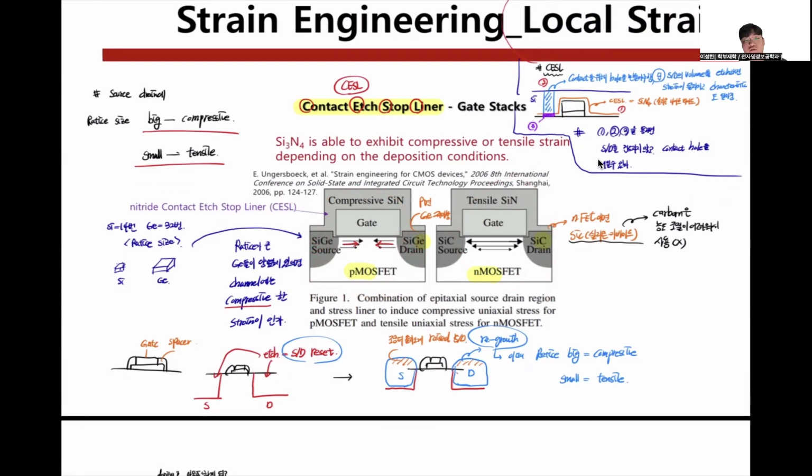At the moment of regrowth, the particle and material we use controls the strain.